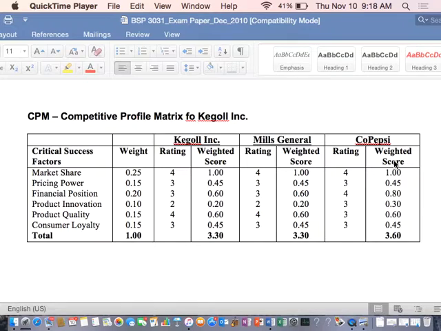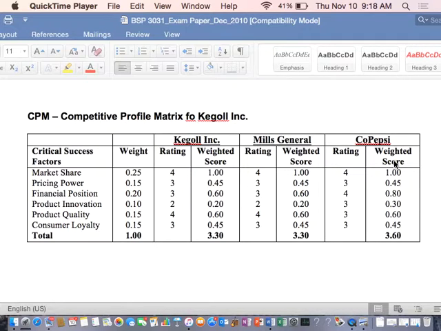In analyzing a CPM, you have your weight that shows importance. You look at Kellogg's weighting, you look at Mills' weighting, and Copexi's weighting, and you make a decision. They're all performing equally. You look at the price, all performing nearly equally.